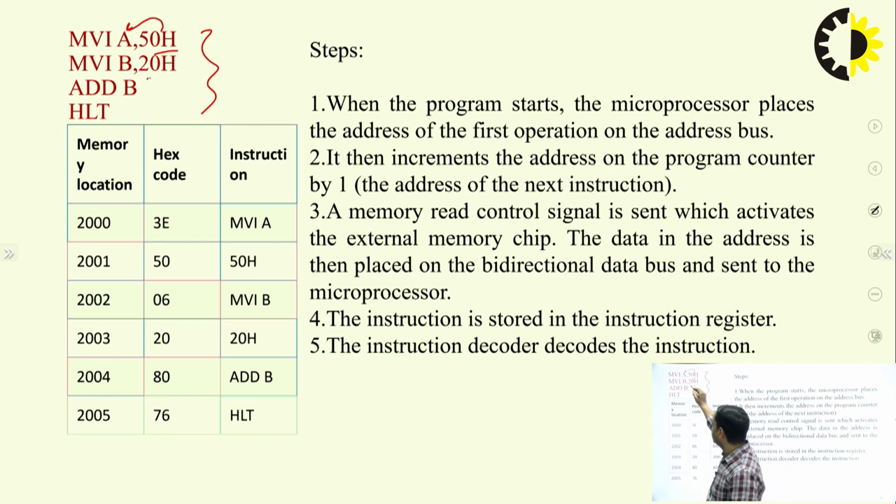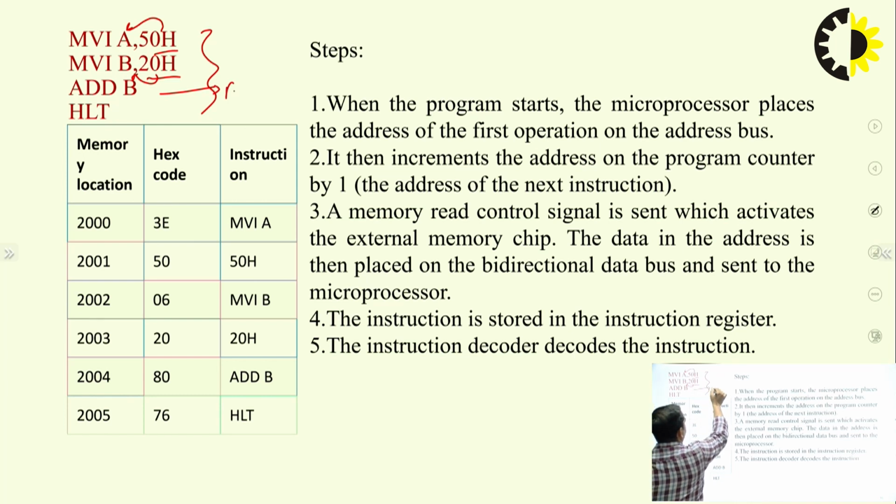MVI B, 20H: 20 is stored into the B register. ADD B means A plus B, and the data will be stored into the accumulator as well. So here it shows that A plus B is again stored into the accumulator.